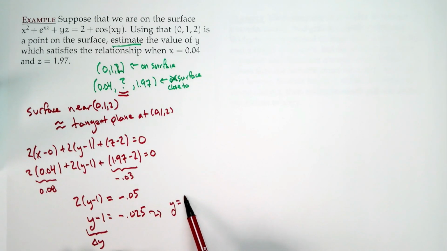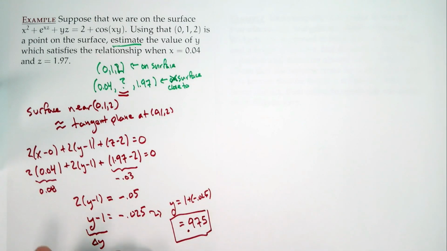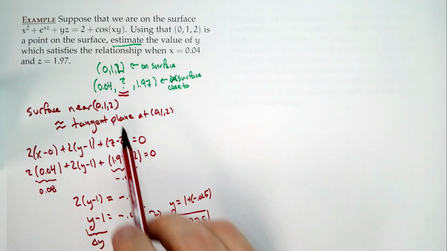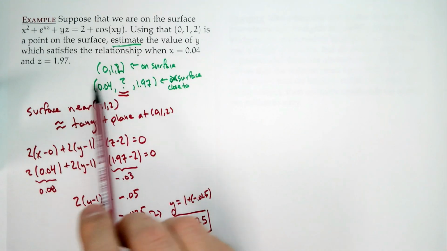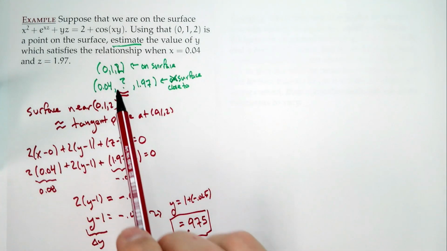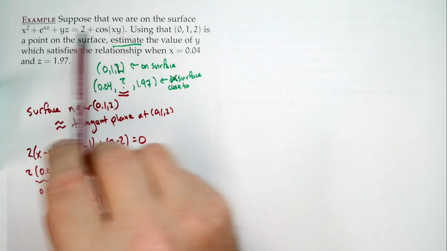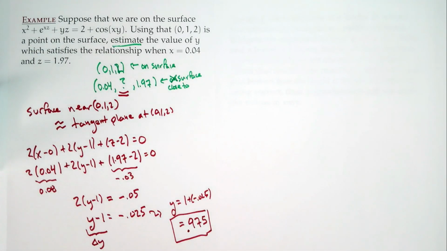So y is 1 plus negative 0.025, which works out to 0.975. And there's the approximate value for what y will be, so that the point (0.04, 0.975, 1.97) is very, very close to satisfying that relationship.